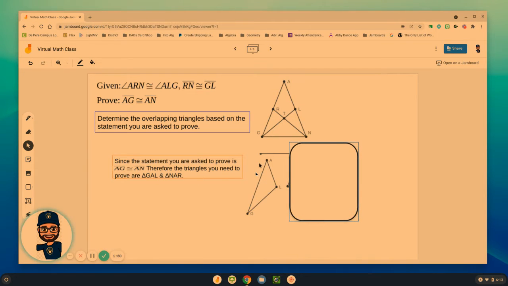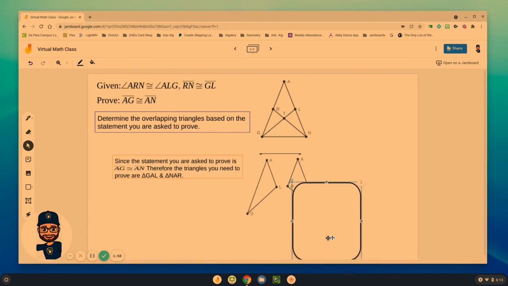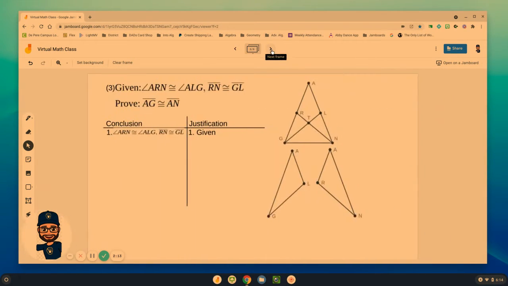And then if I'm trying to get AN, which is the other right-hand side, again, I have to go back up here to R to get back to A. So here are those two triangles that we're trying to prove are congruent. Once we can prove the triangles congruent, then we can prove the parts are congruent. So let's take a look at what that looks like.